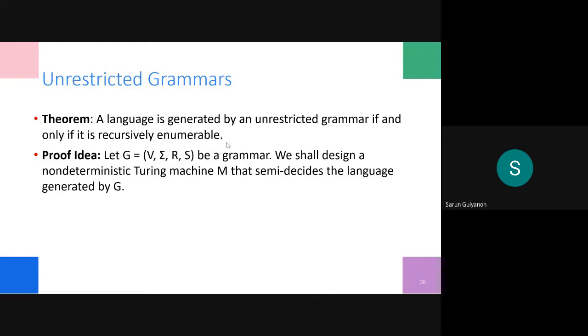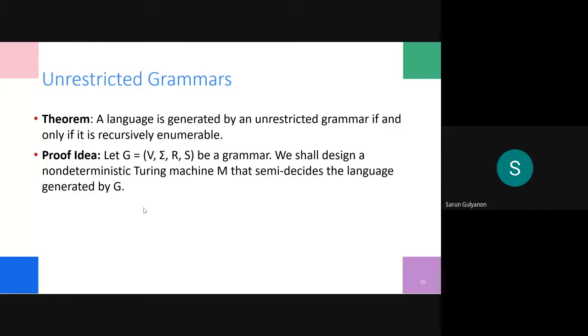Actually we can use a non-deterministic Turing machine to perform this, because we have proved already that a non-deterministic Turing machine is the same as a deterministic Turing machine in terms of expressive power. So we can just build the non-deterministic Turing machine to semi-decide the language generated by G, and then we are good.